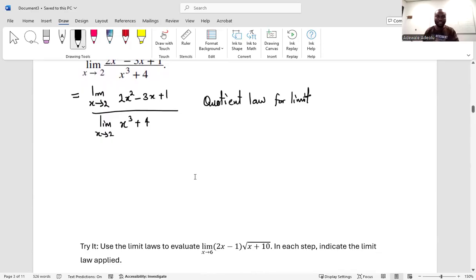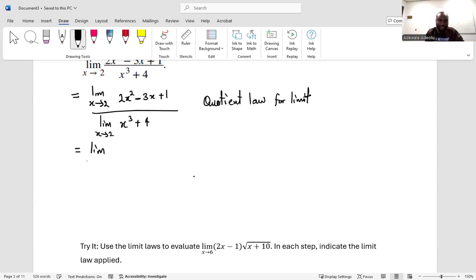Now, remember, for the function in the numerator, I have subtraction, I have addition. The limit laws allow me to move my limits to each of them, to each term.